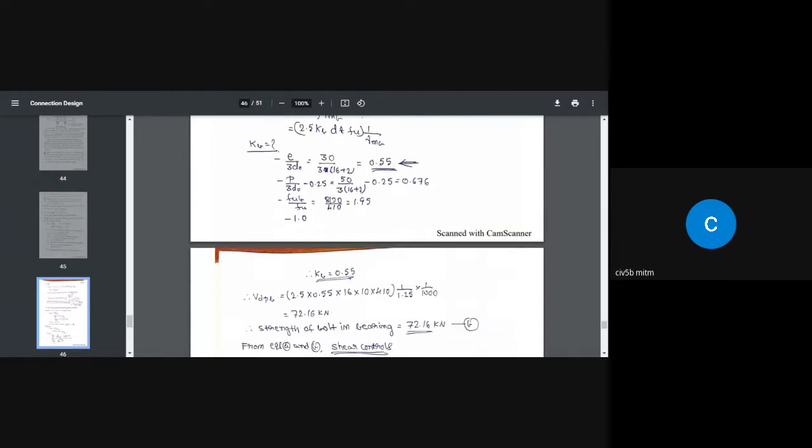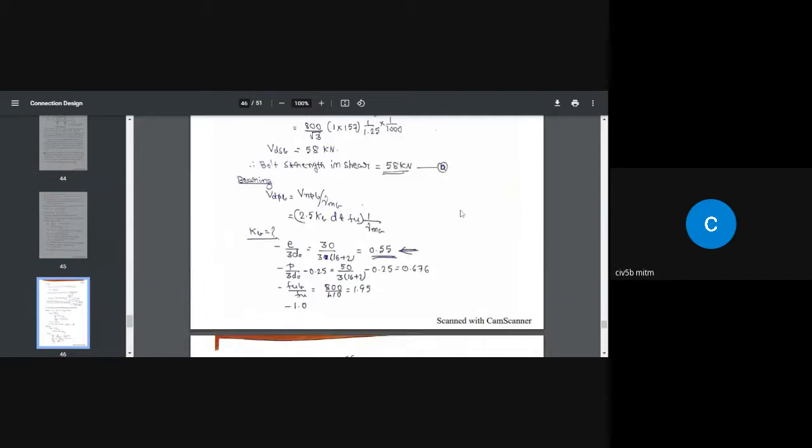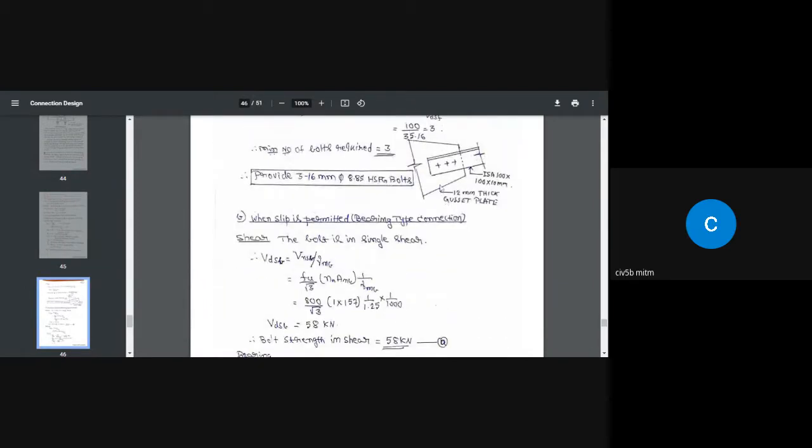Once I have this, I substitute this value in the equation. So after substituting, I got 2.5, 0.55 here, and d is the diameter of the bolt, which is 16 millimeter, and t is the thickness of the thinner plate. If you look here, the gusset plate is 12 mm thick, and the angle is 10 mm.